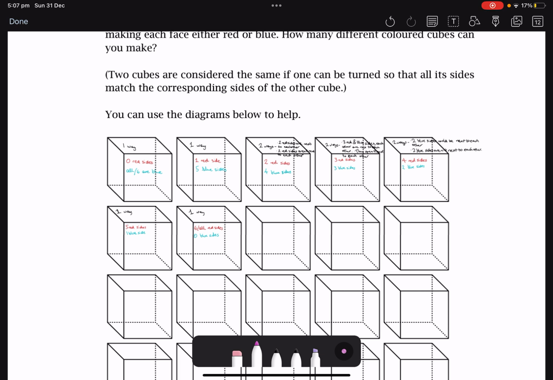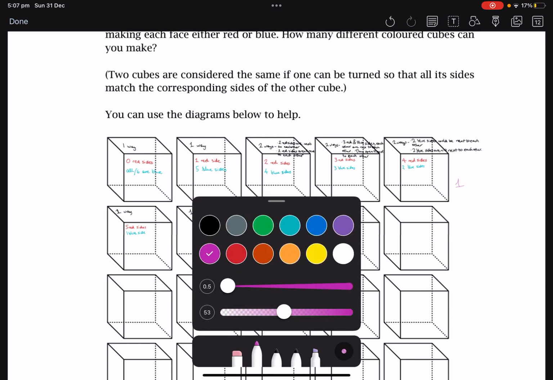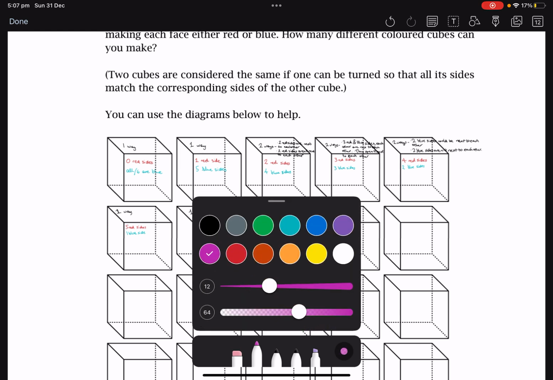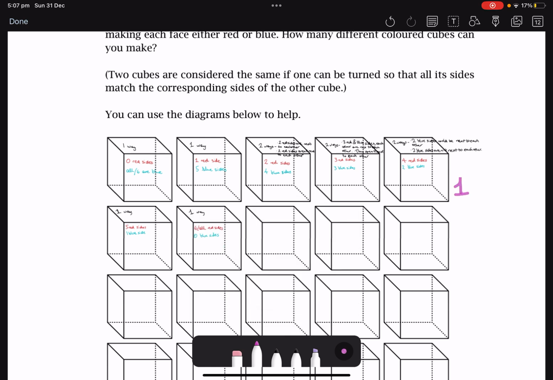In the end, you've got to do, so there's one way, plus 1 way, plus 2 ways, plus 2 ways, plus 2 ways, plus 1 way, plus 1 way.